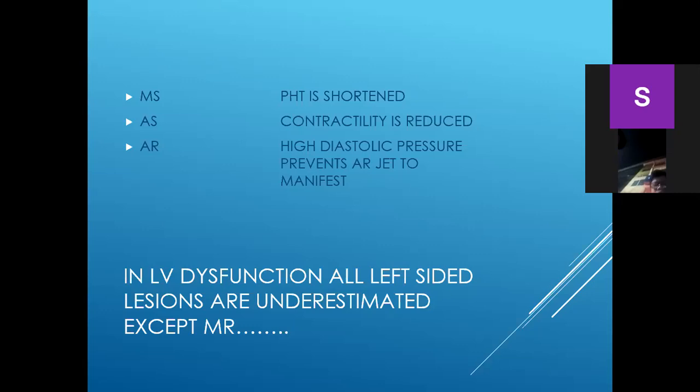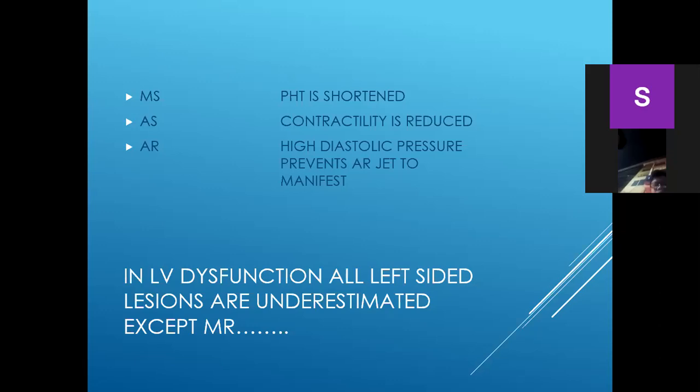The problem comes with MR. LV dysfunction and MR is a different ballgame altogether. At some point of time, we are going to talk about primary and secondary mitral regurgitation, but there are two reasons why mitral regurgitation worsens. One is that LA pressures increase, and these LA pressures transmit to the pulmonary valve.